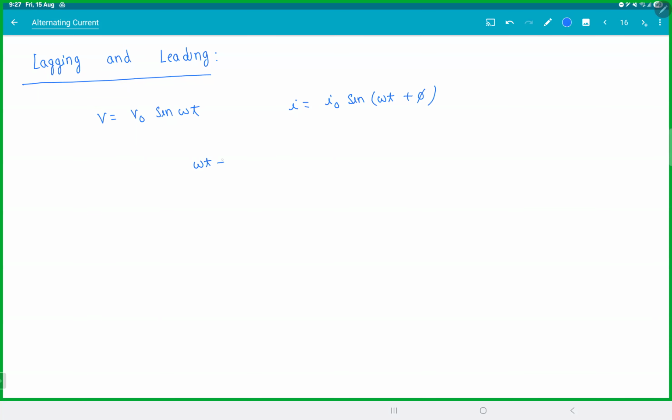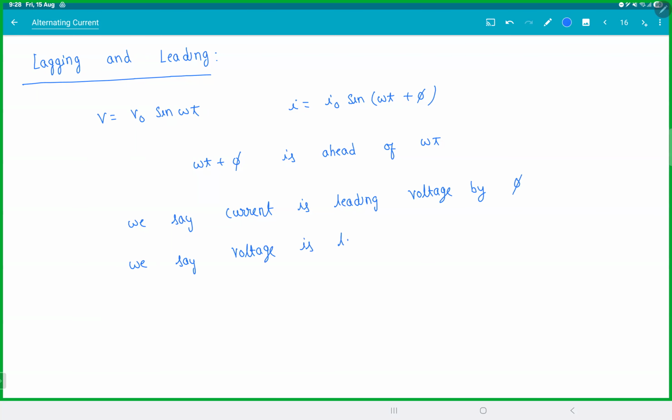Here omega t plus phi is ahead of omega t. This is the phase angle. So we say current is leading the voltage by phi. So the current's phase angle is more than the voltage's. More of a terminology there. You can also say voltage is lagging the current by phi. Both are the same.